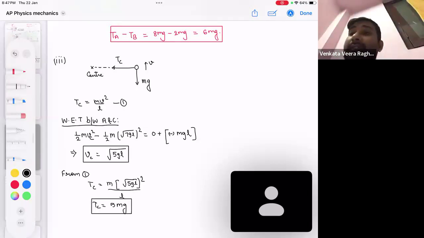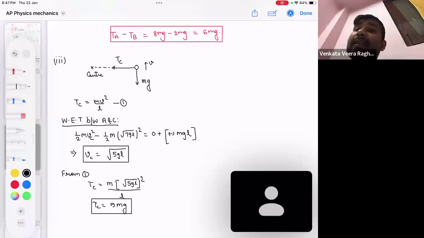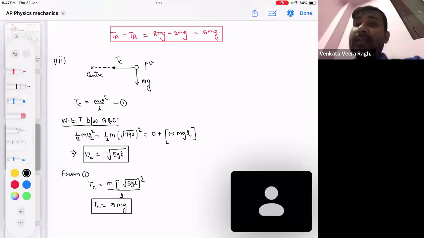But our question was not that. Our question was finding the tangential acceleration at point C.